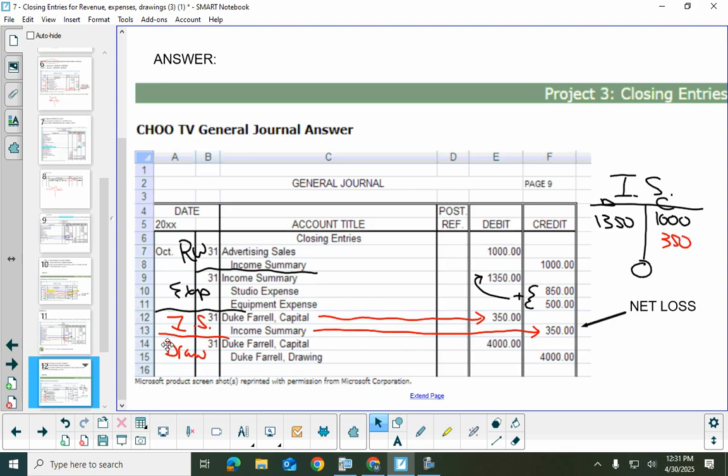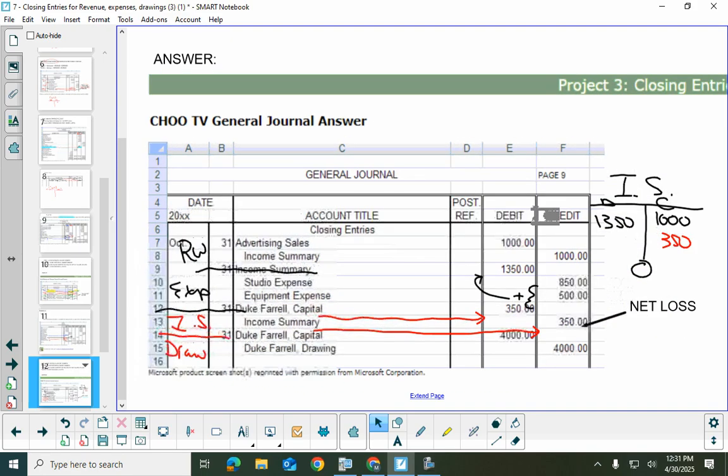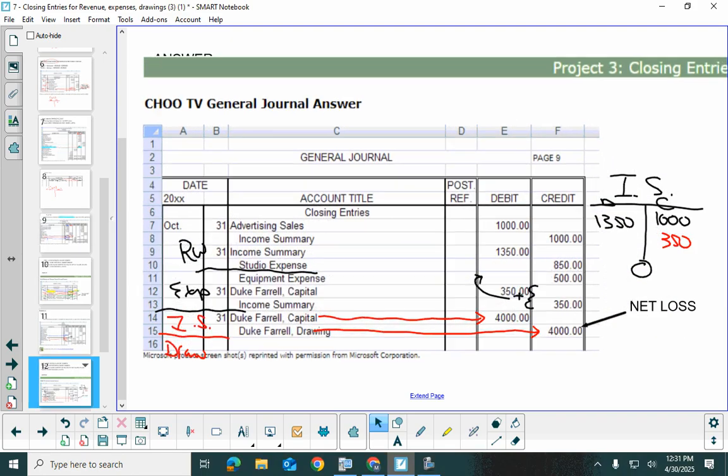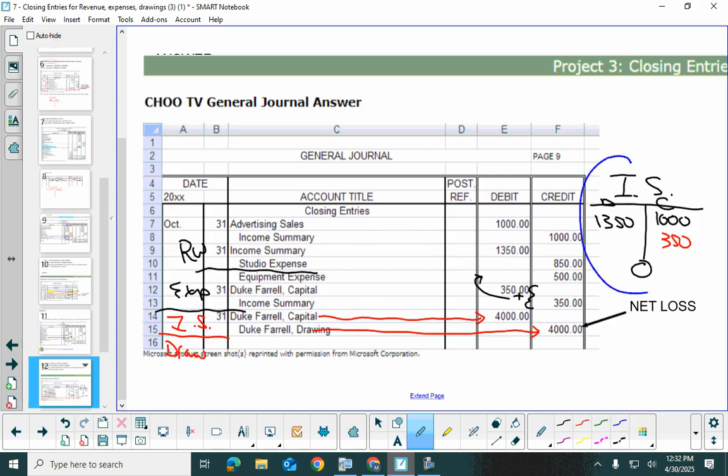Expenses get closed to income summary. Income summary gets closed to capital. Drawings gets closed to capital. That's it. Okay? And again, you're just trying to make your debits equal your credits. Okay?